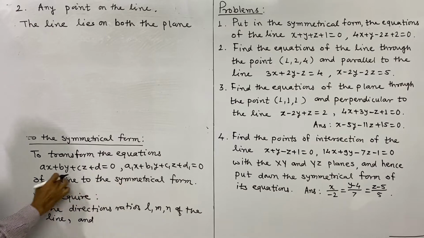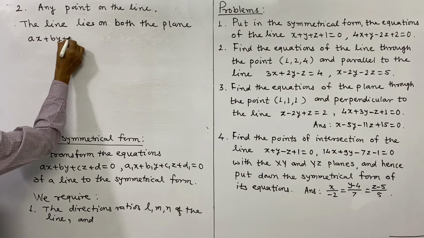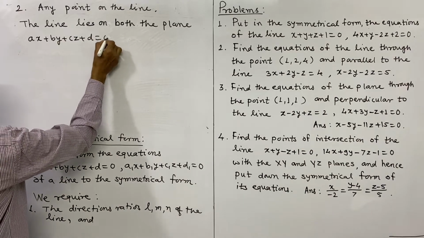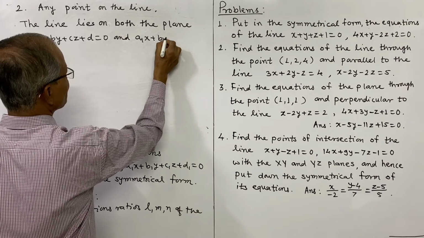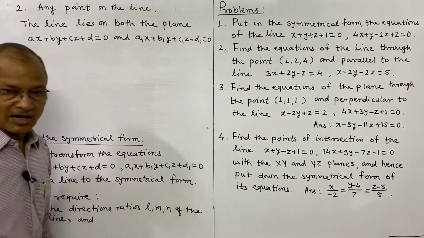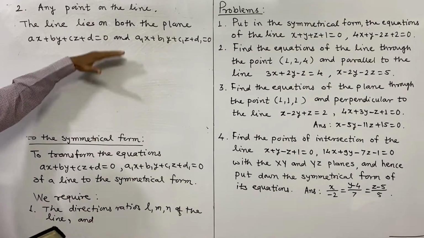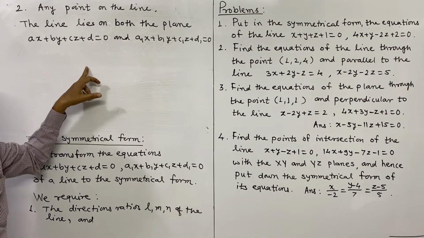The planes are these: ax + by + cz + d = 0, and the second plane. Because the line lies in the plane, the normal to this plane is perpendicular to the line.